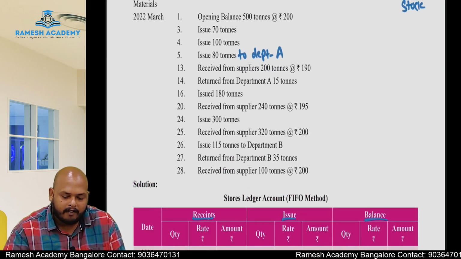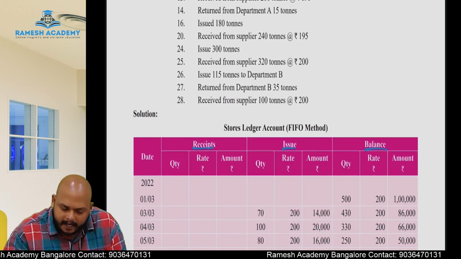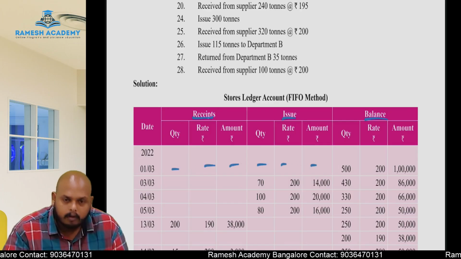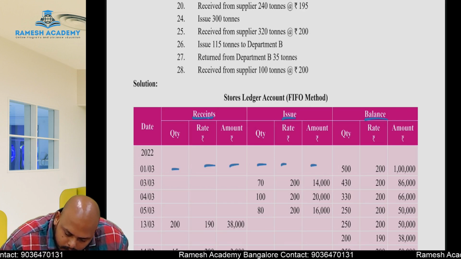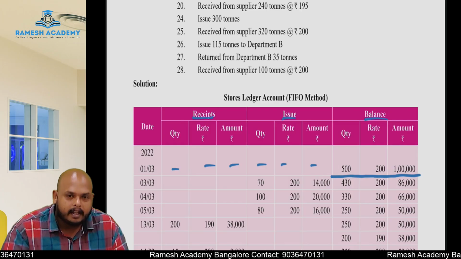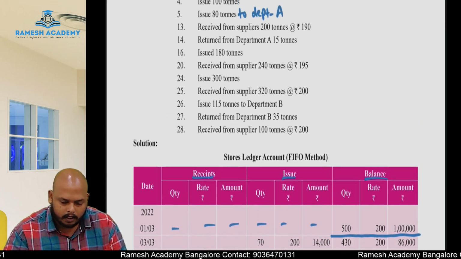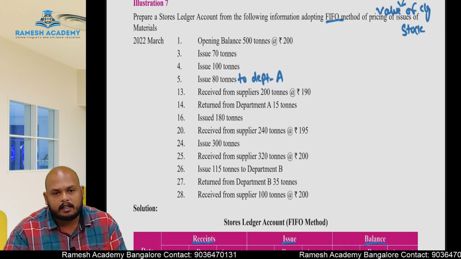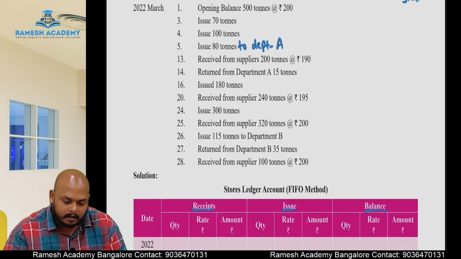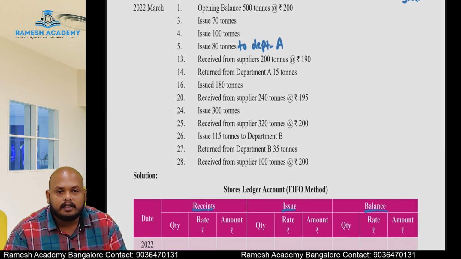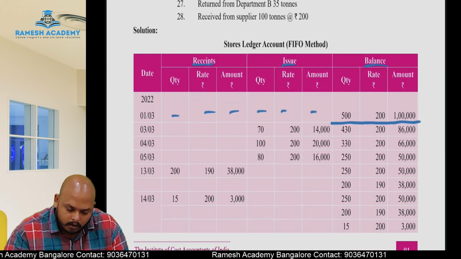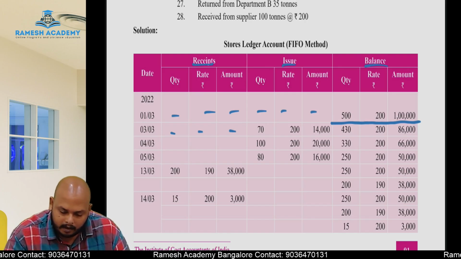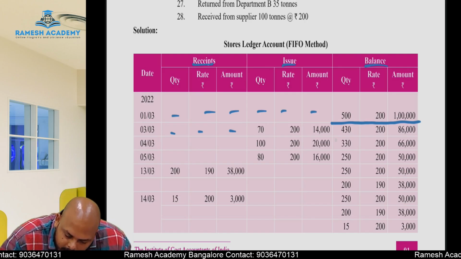Opening balance, they gave 500 tons at the rate of 200. Opening balance means directly we can write in the balance column: 500 into 200, 1 lakh. On 3rd March they issued how many tons? 70 tons. So 500 minus 70, 430 is the balance.